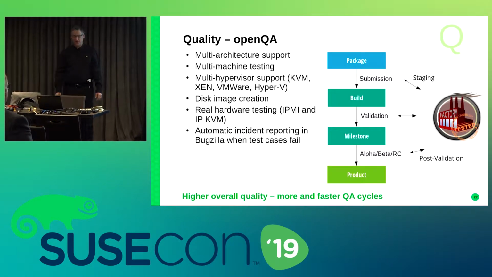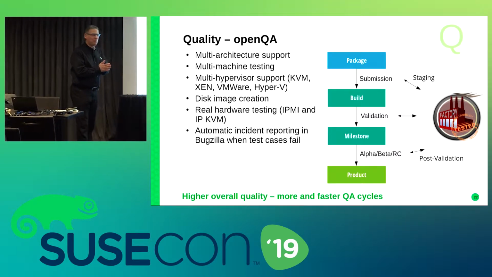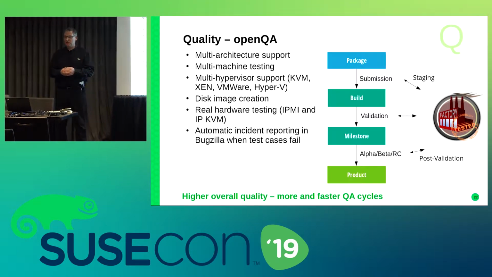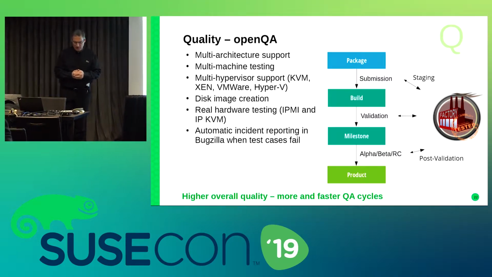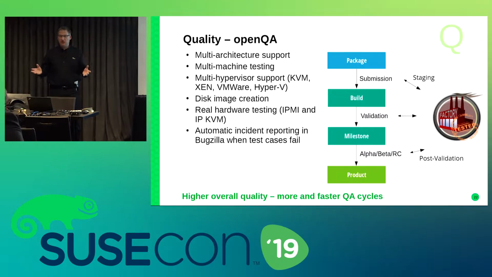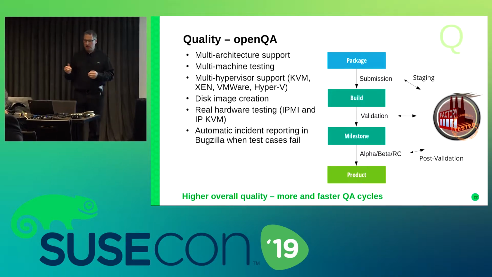Q is about quality. SUSE has an automated quality framework called OpenQA. It's an open source tool which is not only used by SUSE, but also by other companies. It has multi-architecture support. It allows multi-machine testing. It has support for multiple hypervisors.